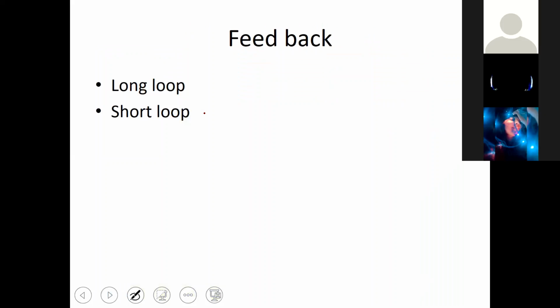So how does the feedback system work? Suppose renin is secreted by three stimuli: low sodium, low blood pressure, and increased sympathetic, increased beta stimulation.